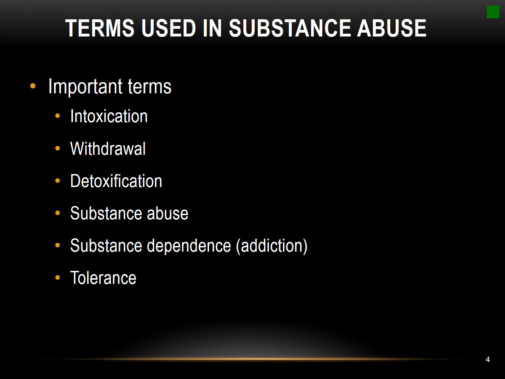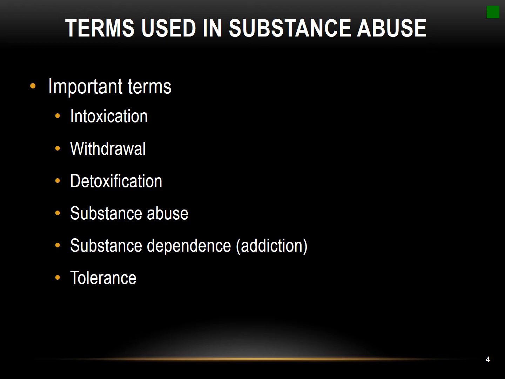Got some important terms. As we know, understanding terms really helps you as you learn to understand the data on your slides and in your chapter. What's intoxication? That's the use of a substance that results in maladaptive behaviors.